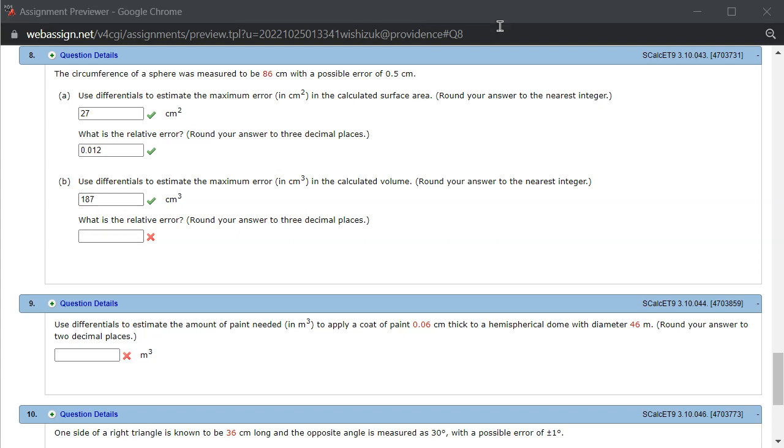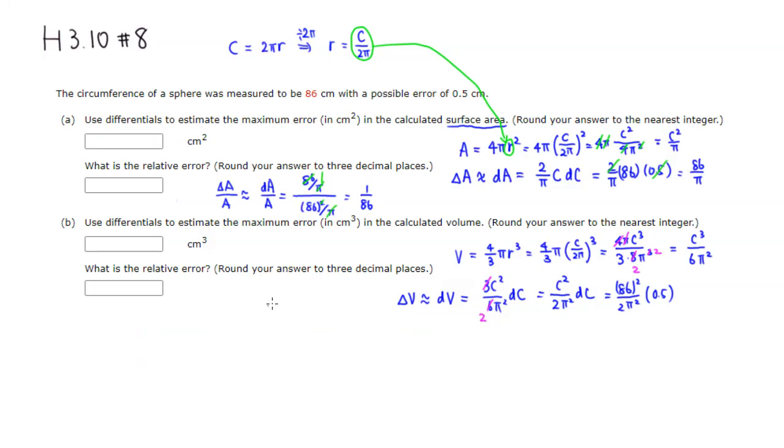The second part is a relative error, so we just have to take the answer here and then divide by volume V. So this is going to be dV over V, right? So dV, we just found that to be 86 squared divided by 4 pi squared, right?